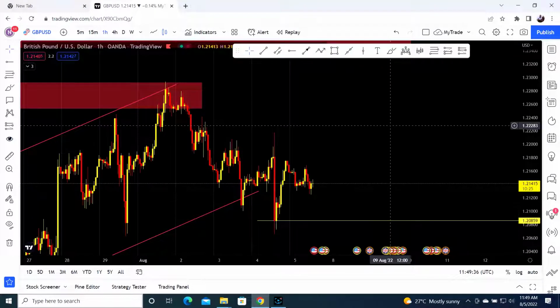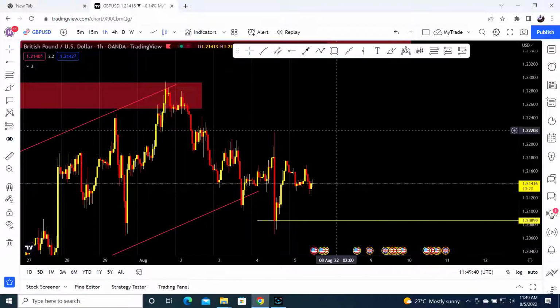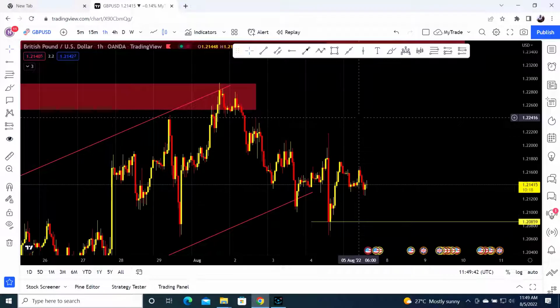So we are not dictating for price, we are just analyzing to see the possibilities, and again trade what price prints. We don't lead price, we just trade what price prints for us.